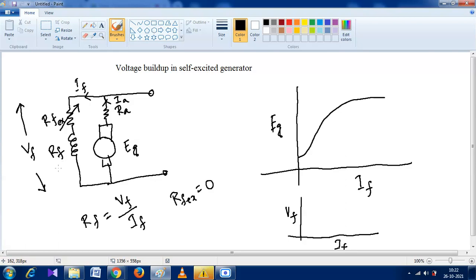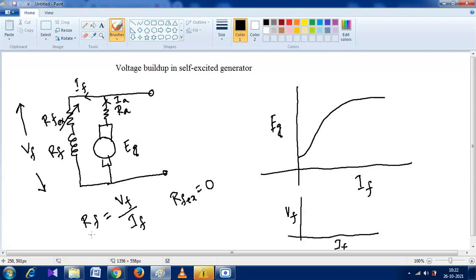When we consider the field resistance RF and we add an external field resistance, first suppose the value of external field resistance is 0.